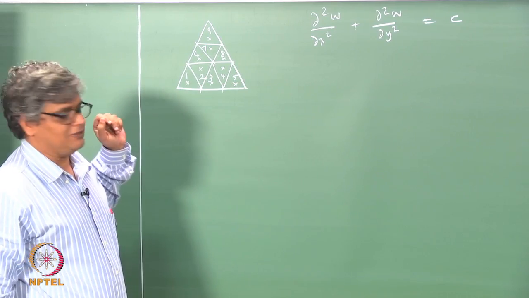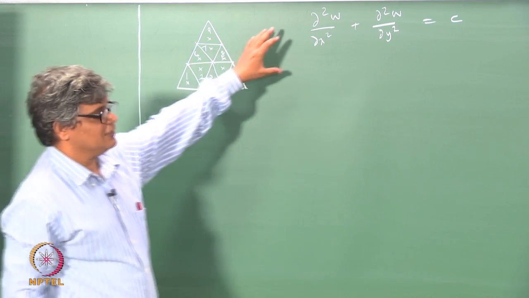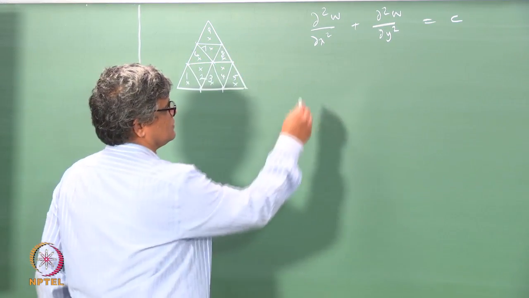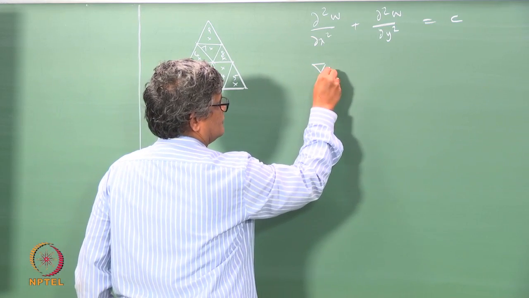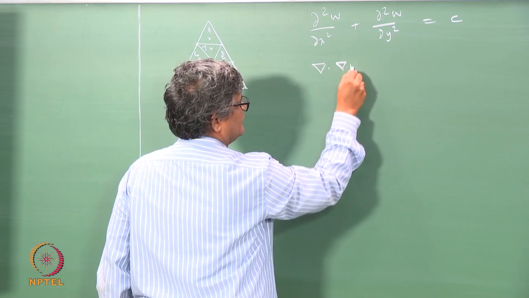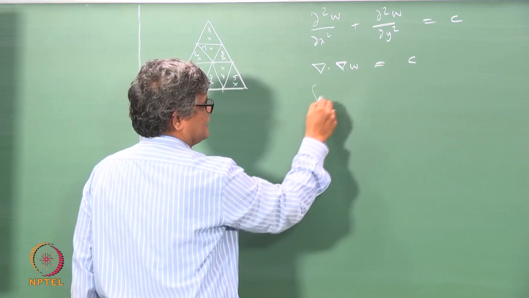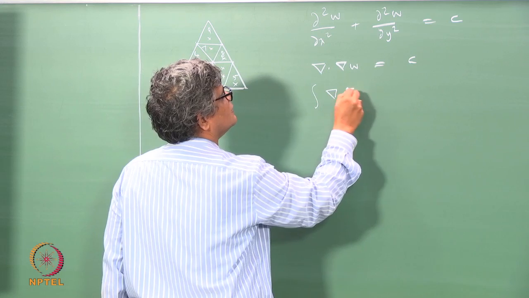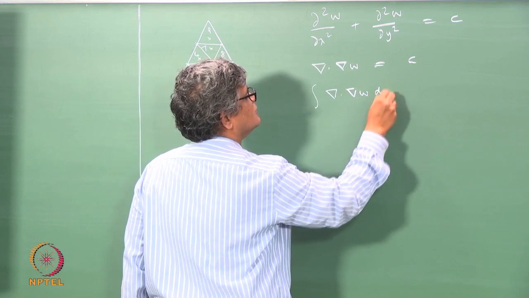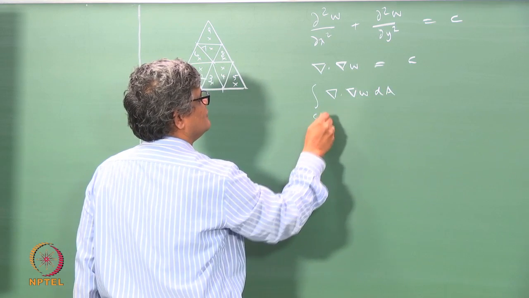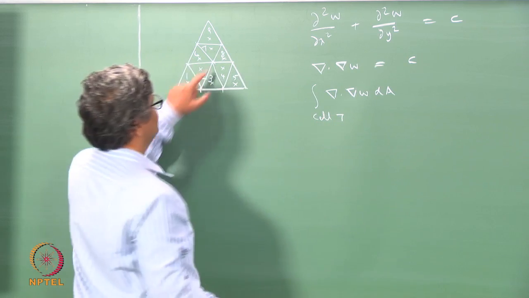into an algebraic equation. The way we do this is to write this as del dot del W equal to C and integrate it over the area of cell 7.